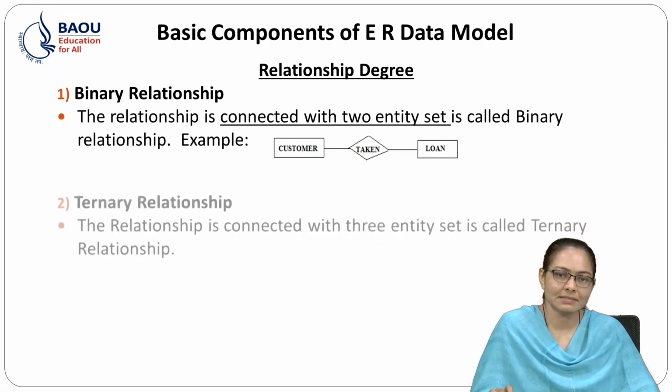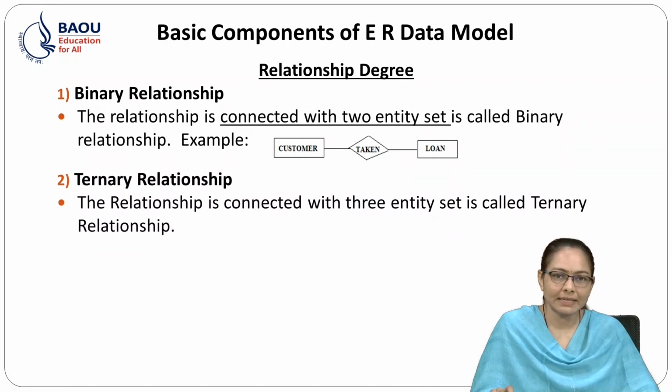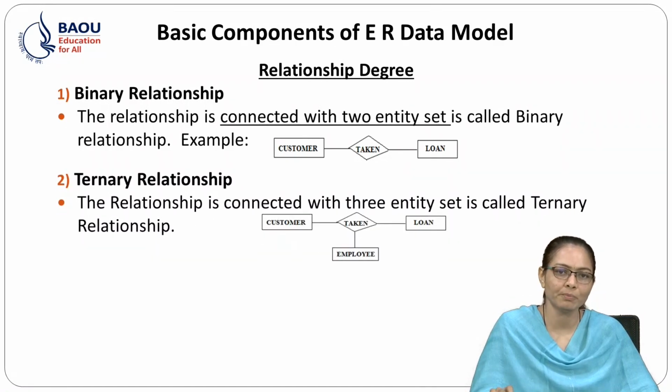Now the next is ternary relationship. What do you mean by ternary relationship? The relationship connected with three entity sets is called the ternary relationship. For example, in a bank, customer and employee both take the loan from the bank.